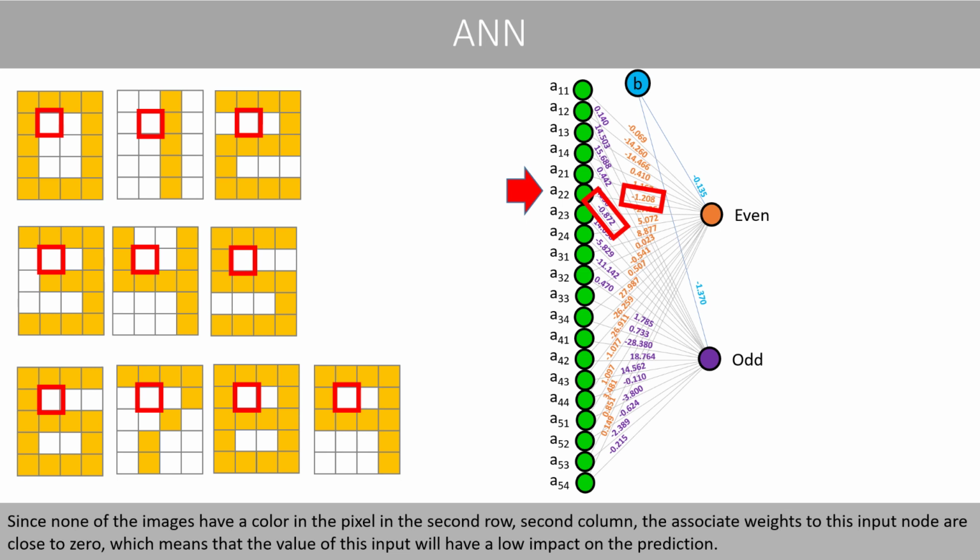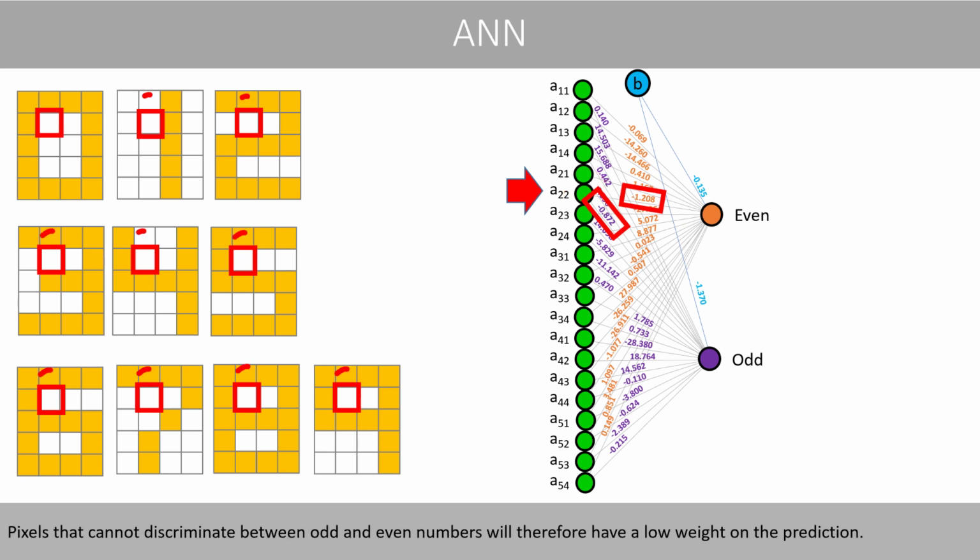Since none of the images have a color in the pixel in the second row, second column, the associated weights to this input node are close to 0, which means that the value of this input will have a low impact on the prediction. Pixels that cannot discriminate between odd and even numbers will therefore have a low weight on the prediction.